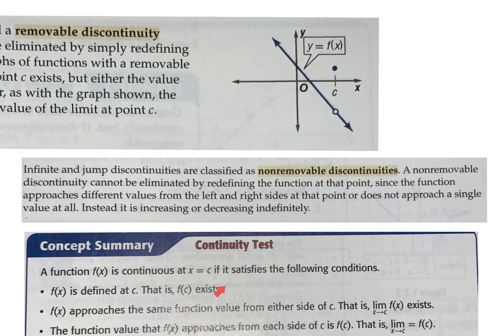So that meets the first definition. If I plug in C, I get a point. That is true. If I'm approaching left and right, am I approaching the same number from left and right? Well, yeah, from left, I'm approaching this little hole, and from the right, I'm approaching this little hole. Yes? So it has a limit at that point as well. It is defined at that point. It has a limit at that point.